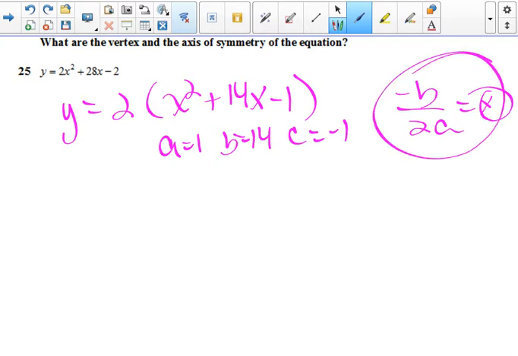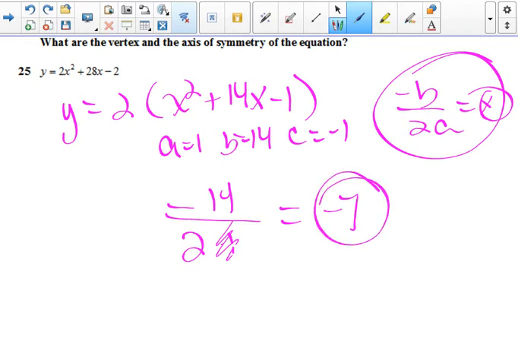So we've got negative b, which is 14, over 2 times a, which is 1. So we've got negative 14 over 2, because 2 times 1 is 2. So our x value is equal to negative 7. So that's our axis of symmetry.